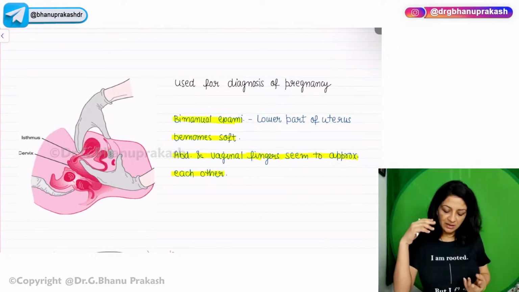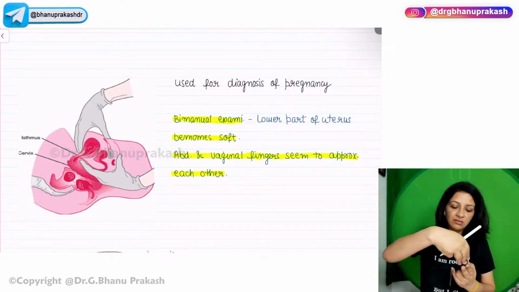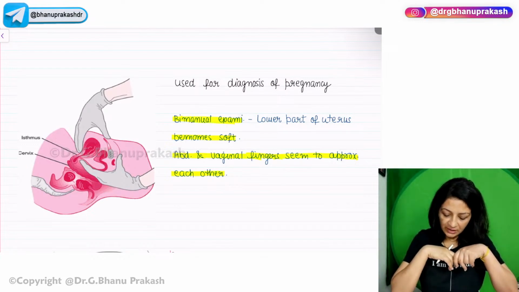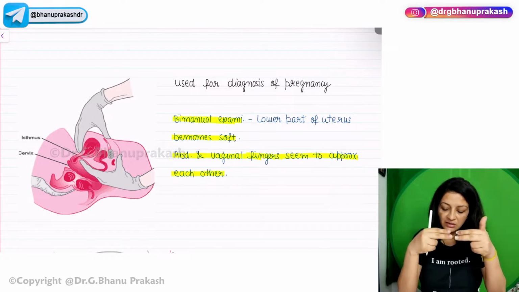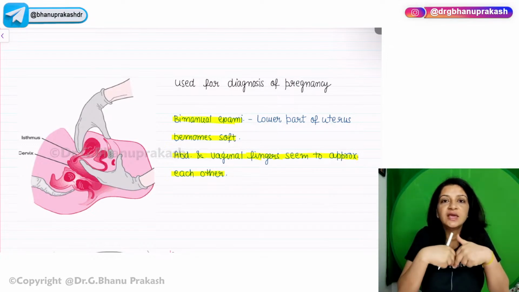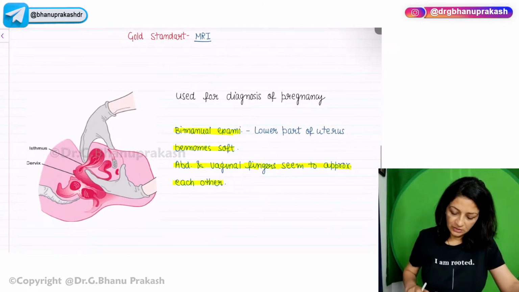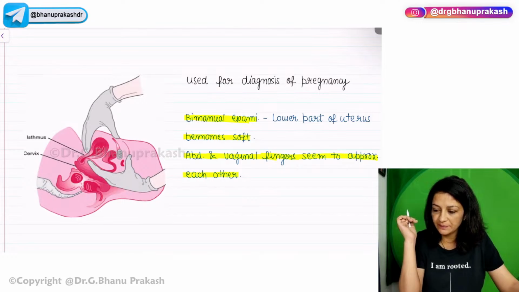Okay, so यहाँ पे वन हैंड हमने रखा है प्यूबिक सिम्फाइसिस के ऊपर एंड फील कर रहे हैं यूट्रस के लोअर पार्ट को. क्या फील हो रहा है? Abdominal and vaginal fingers seems to be approximate to each other. So what is the sign? कौन सा साइन है use for the diagnosis of pregnancy?